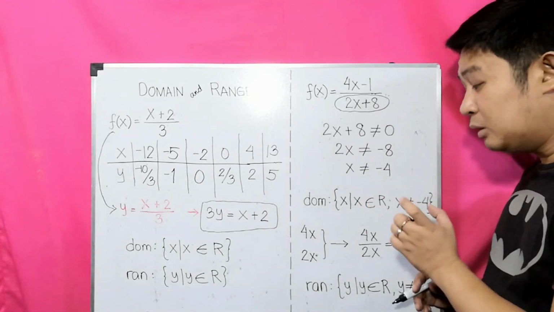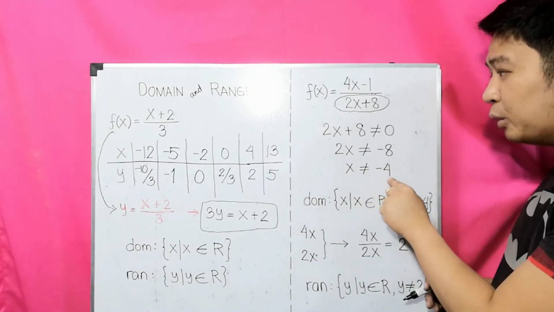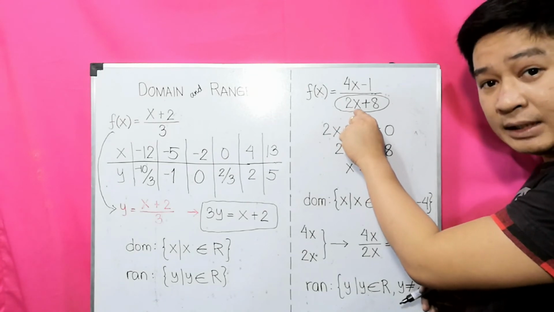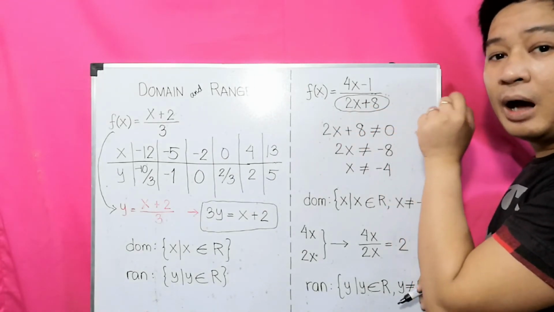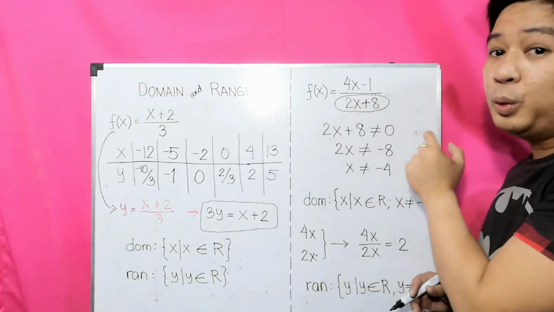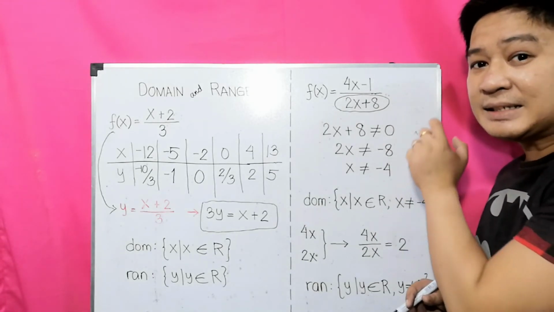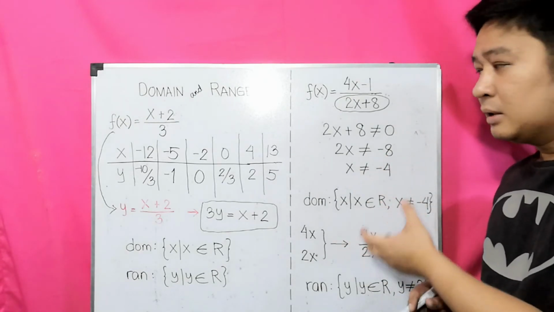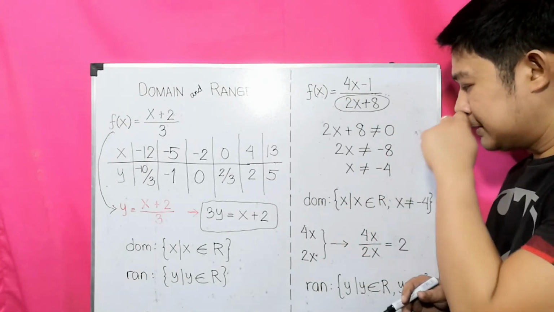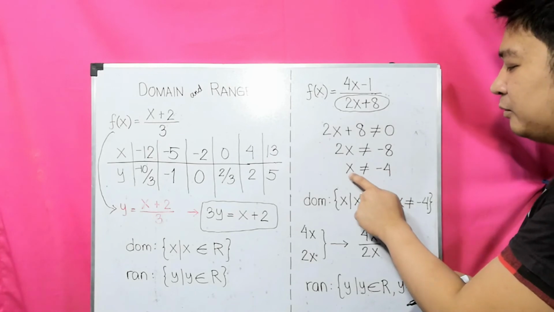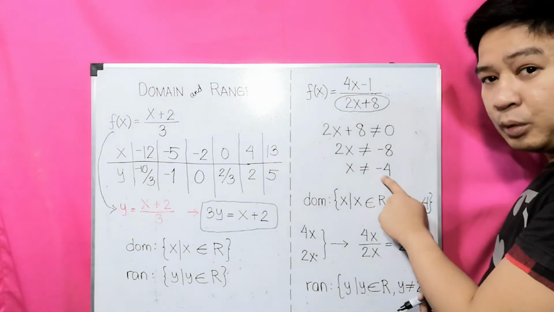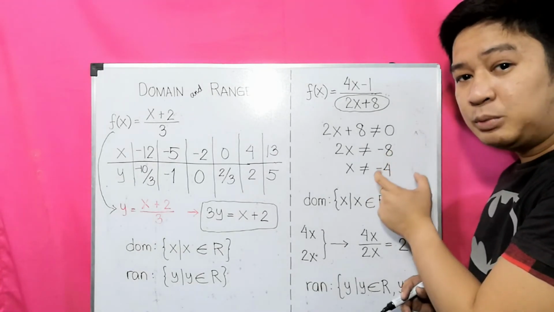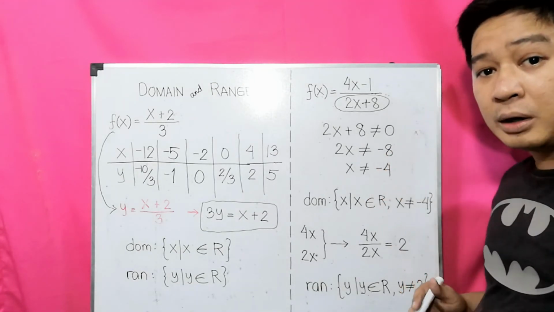It's because if x is negative 4, 2 times negative 4 is negative 8, plus 8, our denominator will become 0. And that is the one thing that we try to avoid. So this value of x, negative 4, is the restricted value of our x. This will be the restriction of our domain.